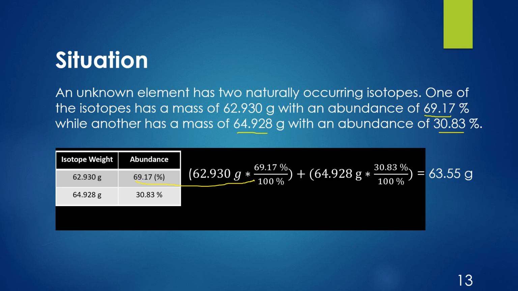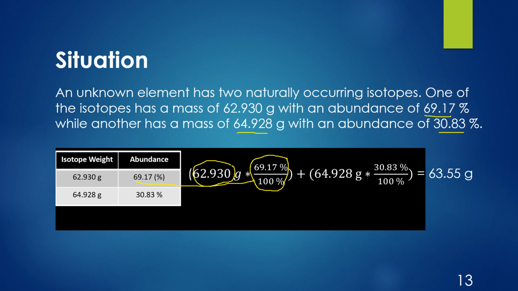So here's the work shown to do this. You can see that we take the first mass of 62.930 and we multiply it by the abundance. Now here they showed the percent divided by 100 to get it into decimal form. So you can either do this or you can simply move the decimal point over 2 to get 0.6917.